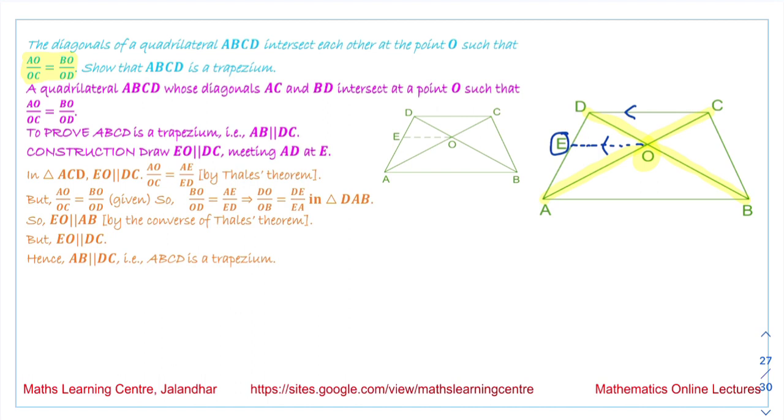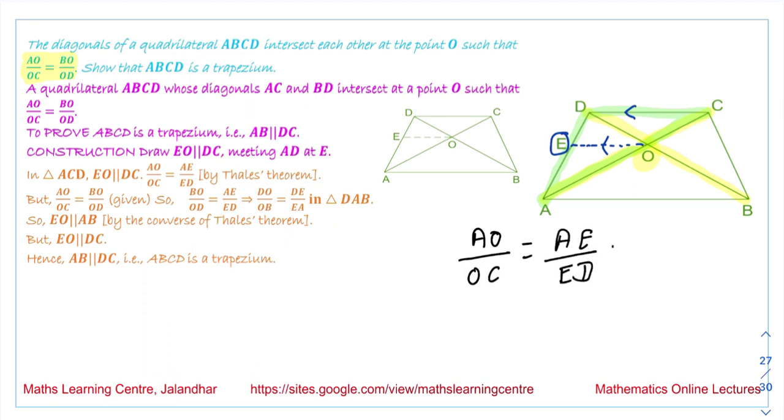These two lines are parallel to each other. So if we consider the triangle ACD, in this triangle we have these two lines parallel to each other. So what we get is that AO over OC is equal to AE over ED.